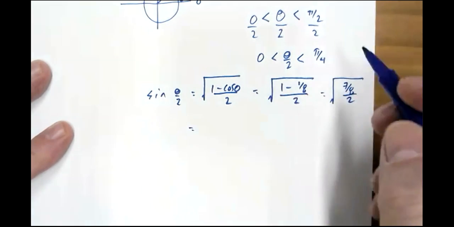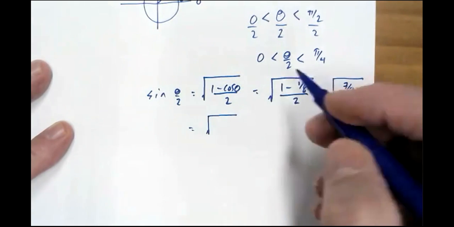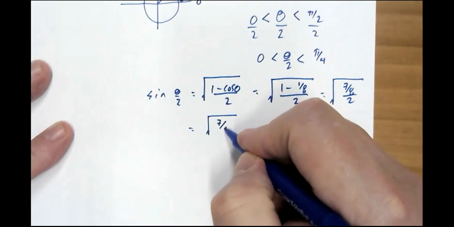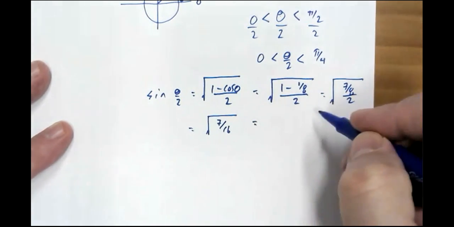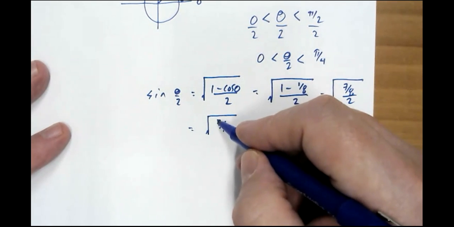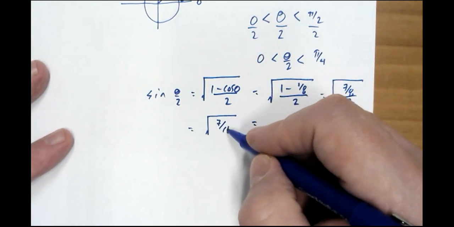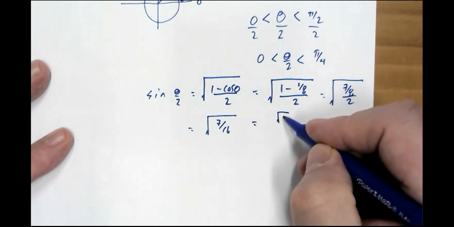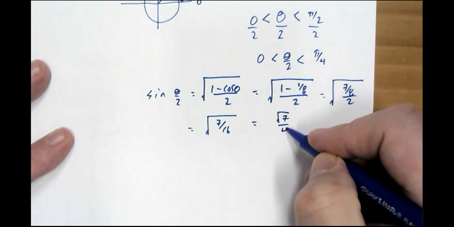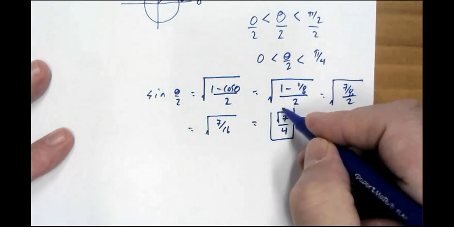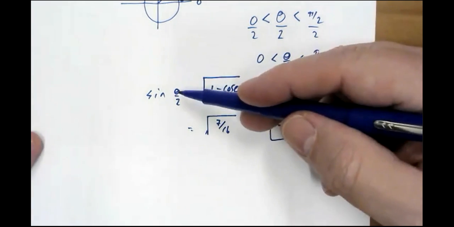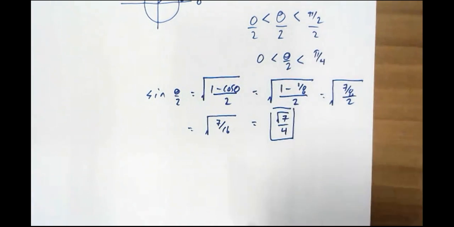If I simplify this complex fraction, 7 over 16, here is square root of 7 over square root of 16. So the sine of theta over 2 should be square root of 7 over 4. And I can check on my computer and confirm I didn't make any mistakes. And that's correct.